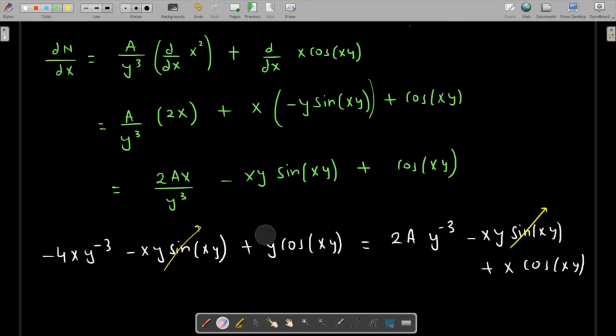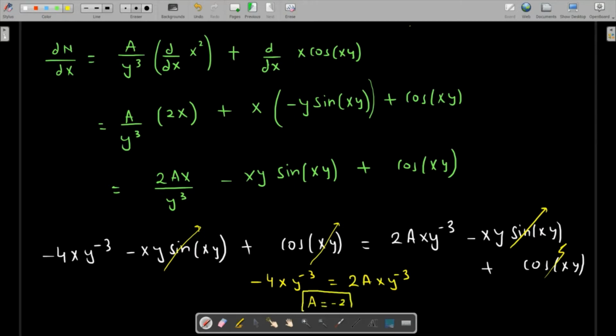So if this is the case, then these two terms are also cancelled. So this results in minus 4x y raised to the power minus 3, and there's an x over here as well. So this is equal to 2a x y to the minus 3. If we compare both, the value of a comes out as minus 2, which is the final answer.